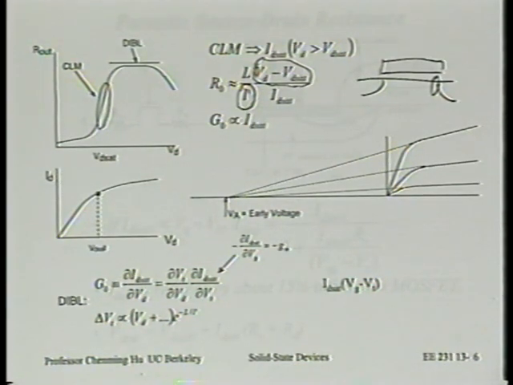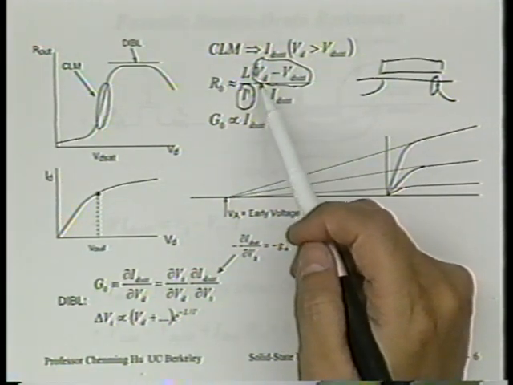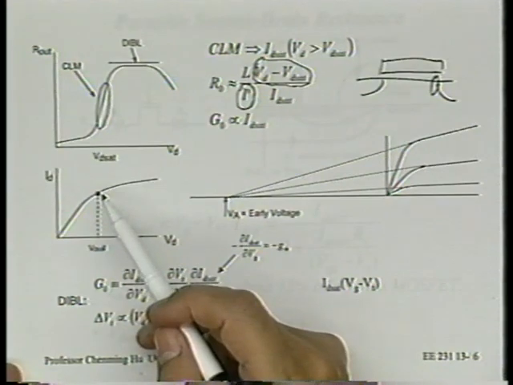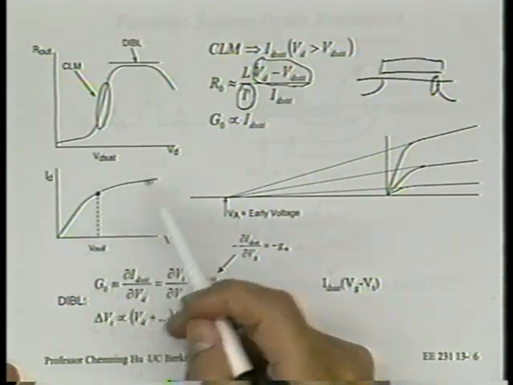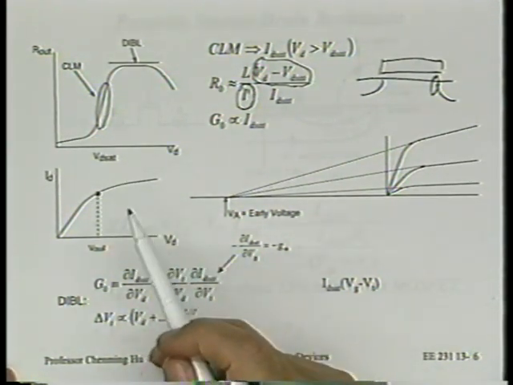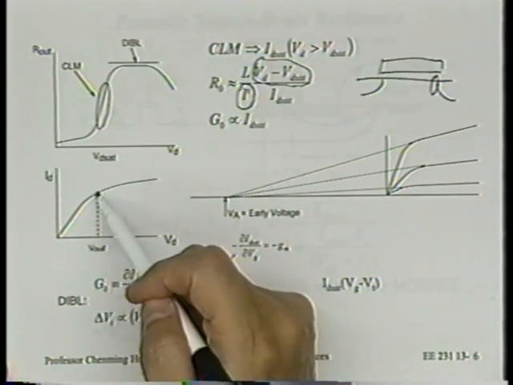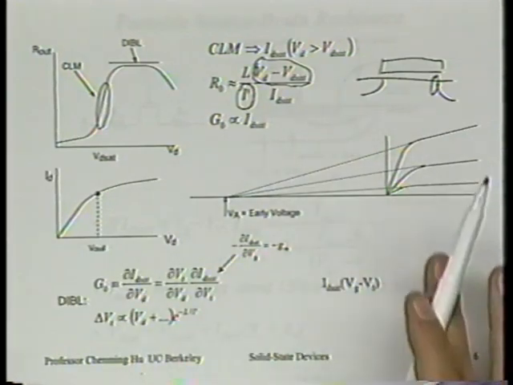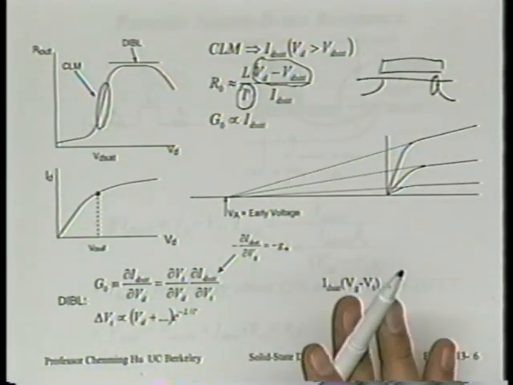First of all, it should not be surprising, because when we are just barely at VD set, just beginning pinch-off, that slope is actually not very small. And eventually it gets smaller. We all know that. Right at VD set, the slope is not as small yet. Remember, the beauty of this model is that it's even continuous.